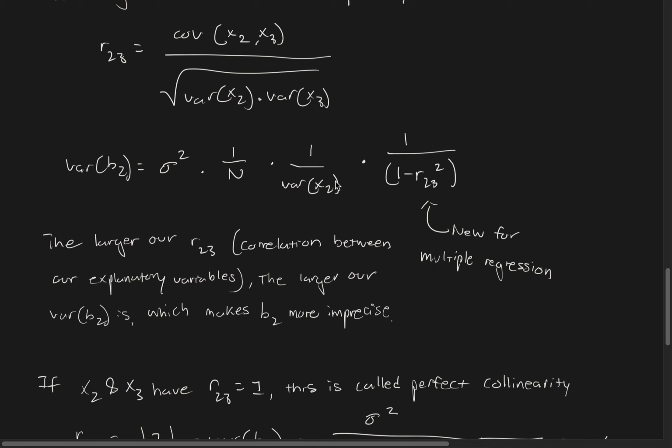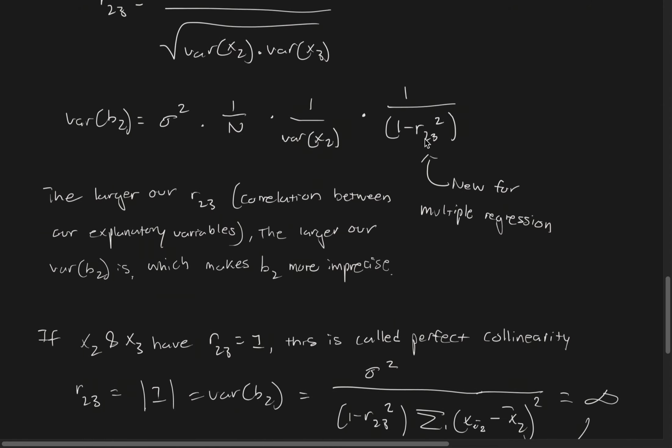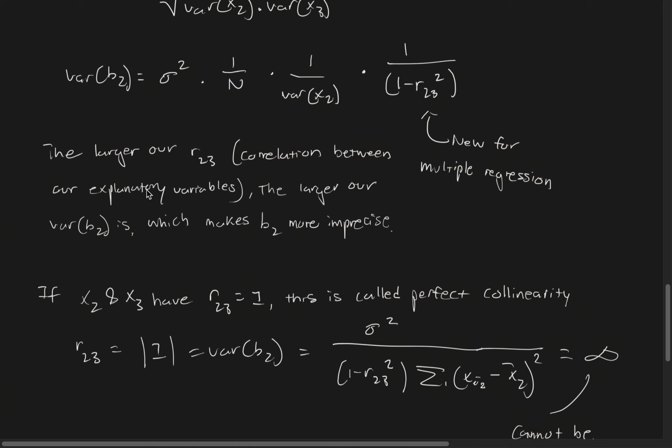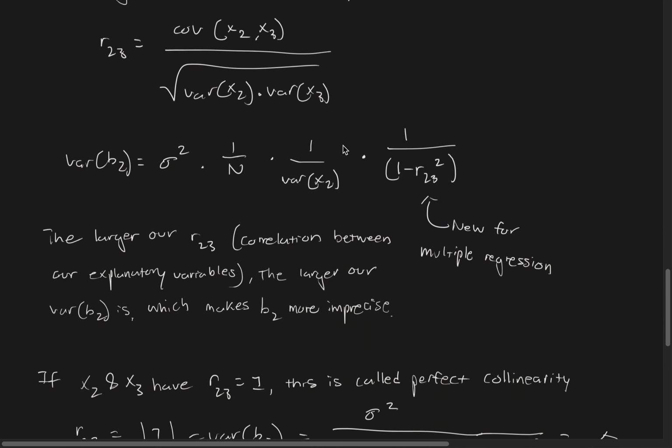With a little more inspection, you would see that the larger the correlation between our explanatory variables is, the smaller this part becomes, this whole fraction becomes bigger, and then the variance of beta 2 also becomes bigger. So in conclusion, if our explanatory variables are more correlated, our beta 2 becomes more imprecise. Usually we don't want our explanatory variables to be correlated.